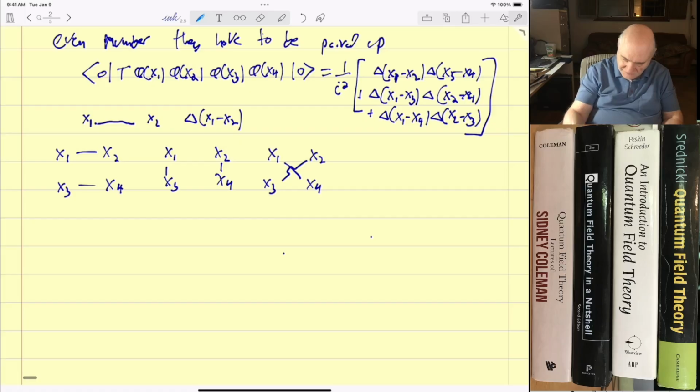So you can see how we'll be using this in 2-particle to 2-particle elastic scattering.